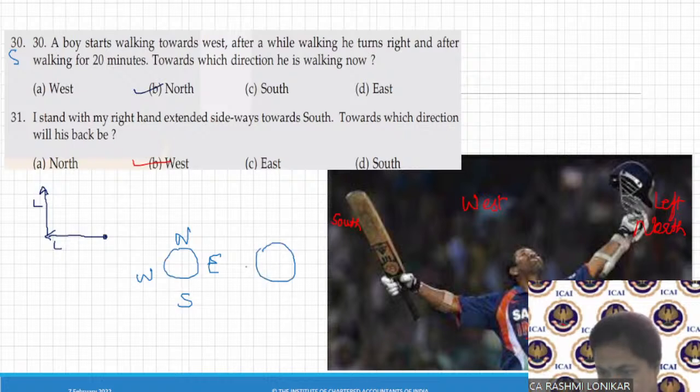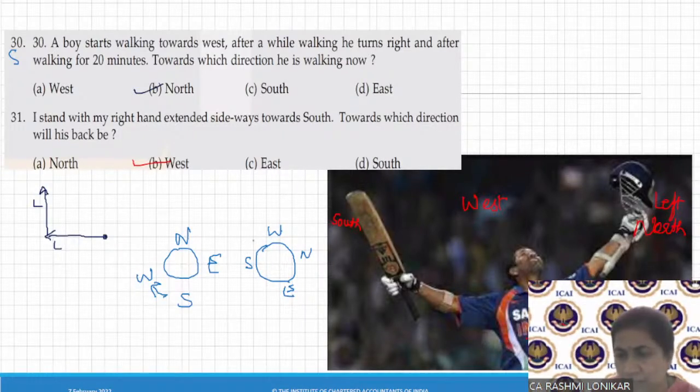I'm just writing south here. If I write south here, this will become west, this will become north, this will become east. I'm just turning this as if this is a table, and instead of west I have south, and then the whole circle will move, so that we know that the back of Sachin Tendulkar will be the west direction.